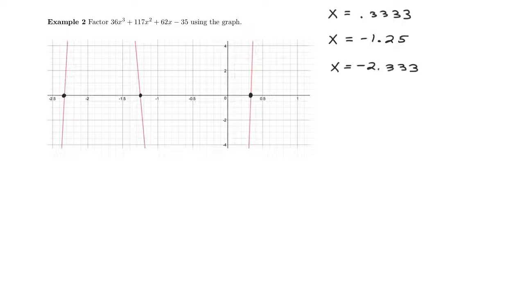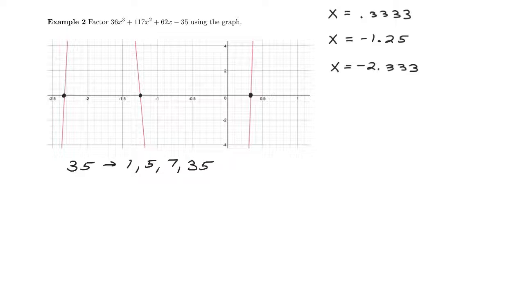But again, if you're trying to speed up that process, I'm going to look at the negative 35 and this 36 and think about factors of those numbers. So I'm going to actually list them out, even though you do not have to do that. So I'll start with the 35. The factors are 1, 5, 7, and 35.